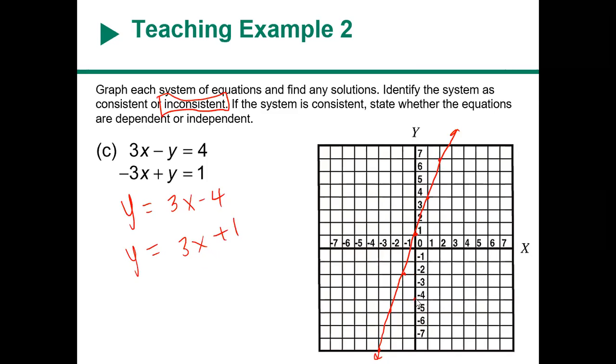I'm going up 3, and then over 1, up 3, over 1, up 3, over 1. Hopefully you guys see the gist of it, that these two are parallel. Didn't work that time. But you can see that they're parallel, and this is why they are inconsistent.